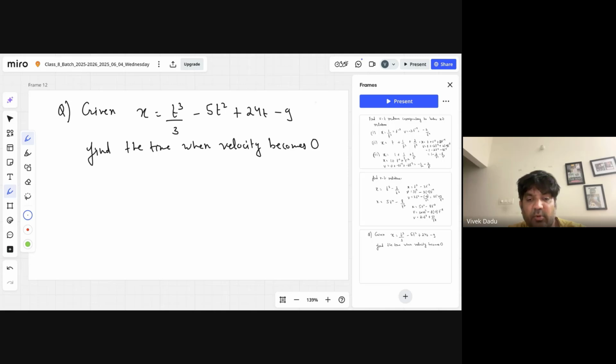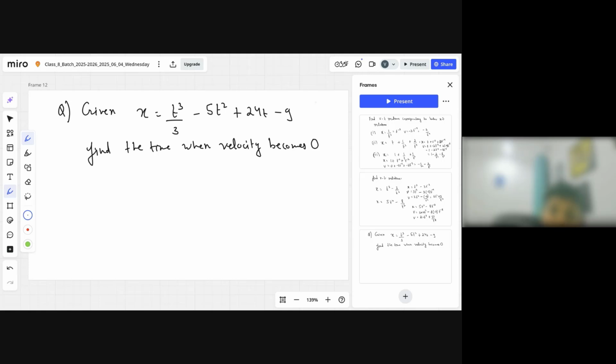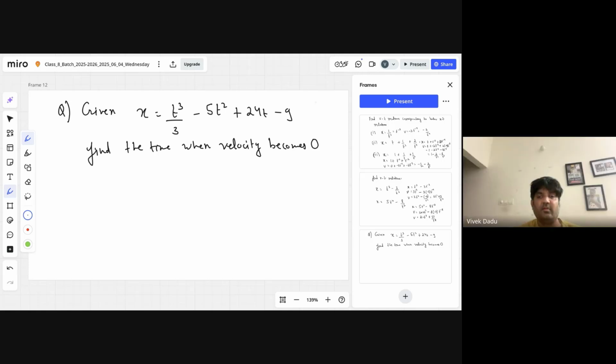V is 0 at those points. For people who are not getting it, see, what happens to t cube by 3? Will anything happen to the 3? No, sir. t cube will become 3t square.